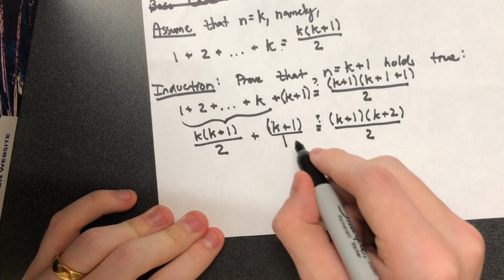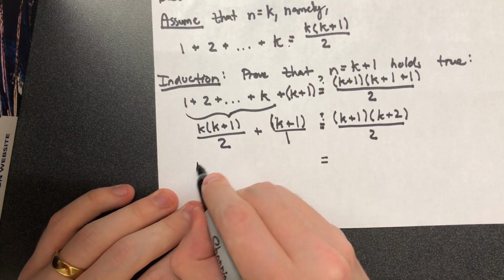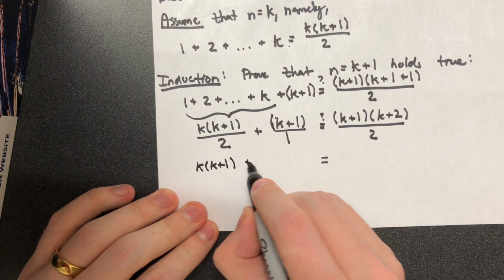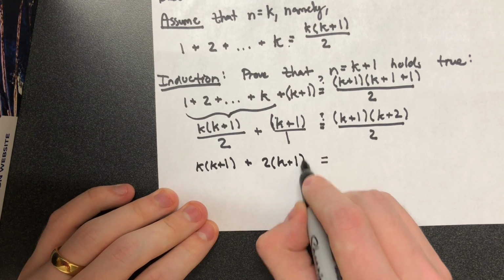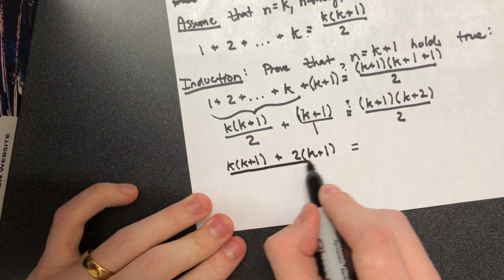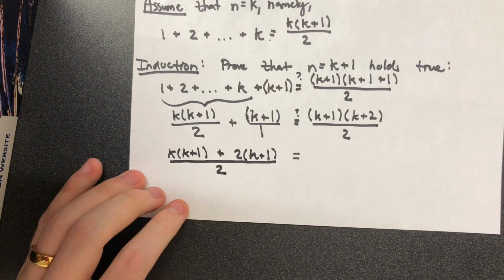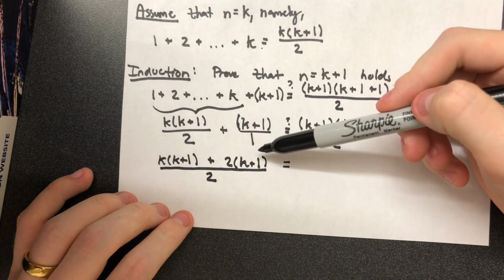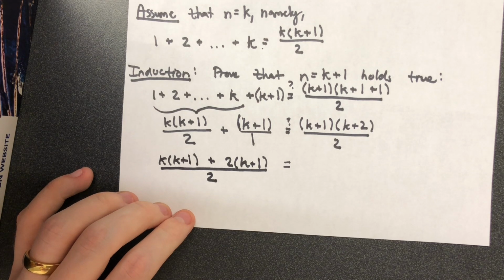So we'll write k plus 1 plus 2 times k plus 1, and all this will be over 2. The reason for this is that we're multiplying the numerator and the denominator by 2 to get the least common denominator, not the greatest.